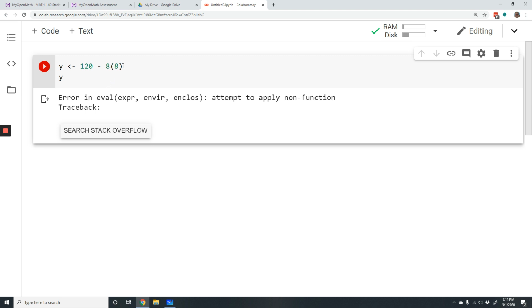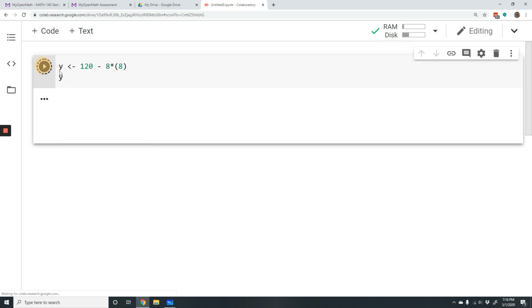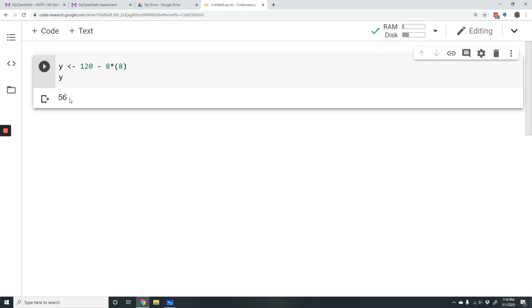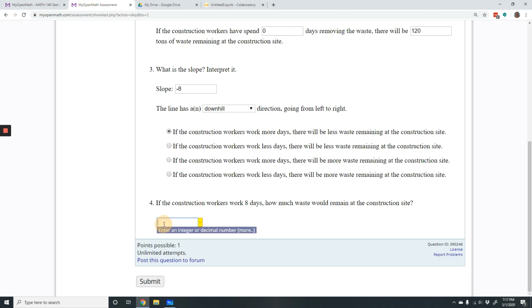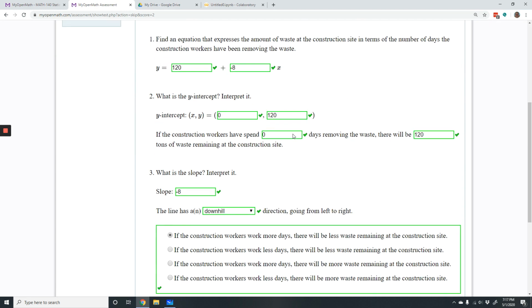I've used our mathematical notation for multiplication, and in R you have to really specify that multiplication. I need a times symbol in there. Without that times symbol, it will not know that I'm multiplying. So let's run that one more time. Okay, we get 56. So after 8 days, that means there would be 56 tons of waste remaining. Okay, let's submit it. And we have it.